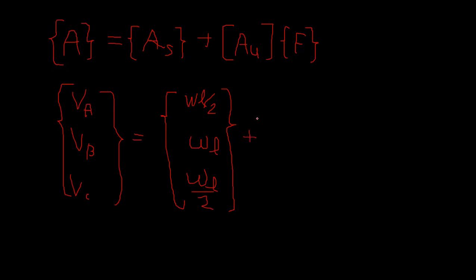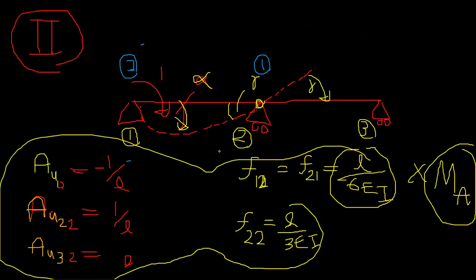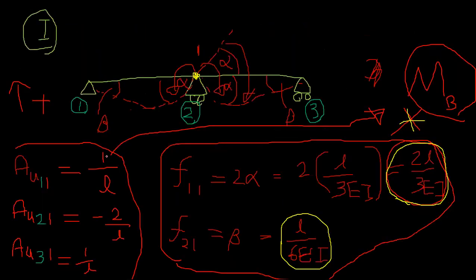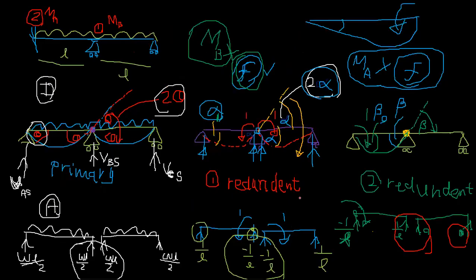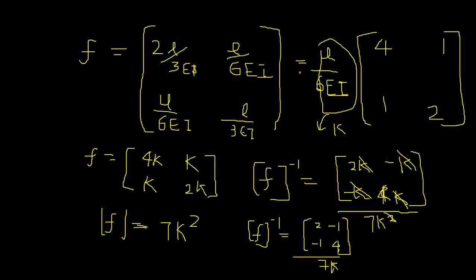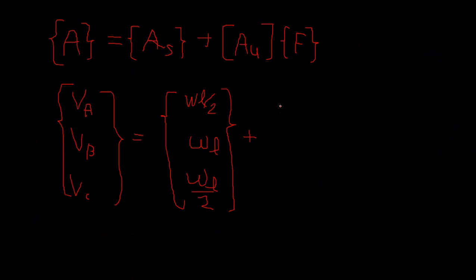Okay, so from the action unit matrix, actually at the first coordinate you have AU11 into MB. At the second coordinate AU21 into MB, right? Likewise you have.